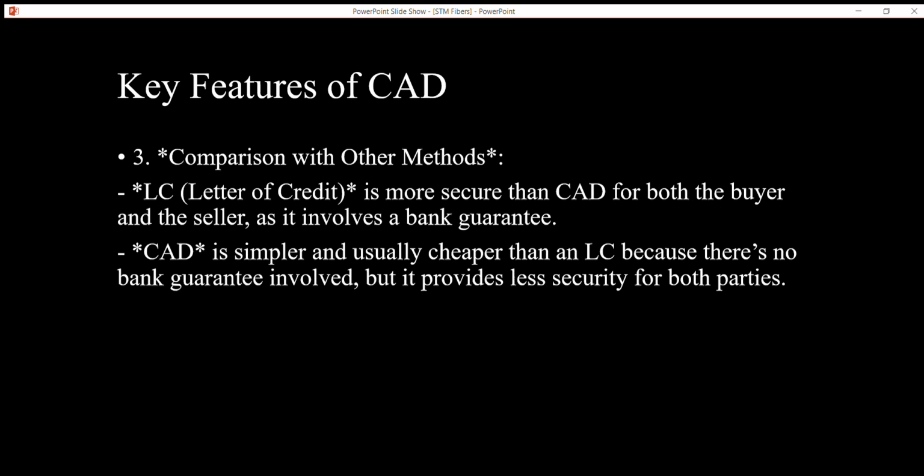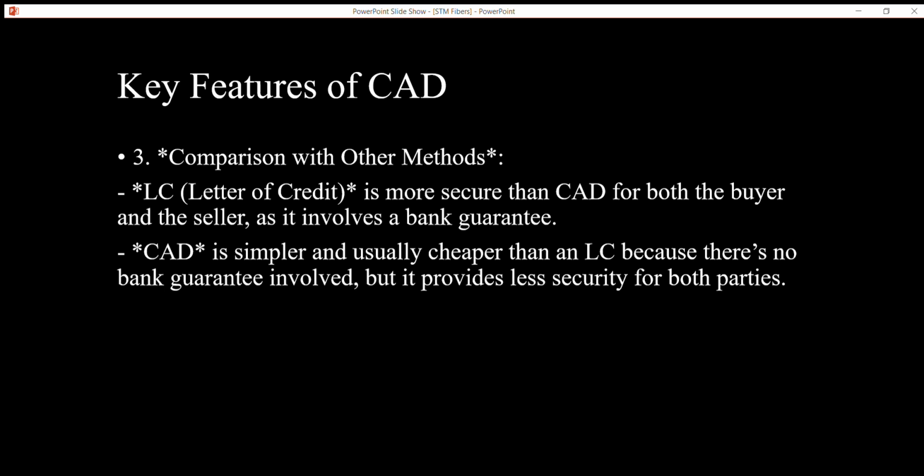The third key feature is comparison with other methods. We can say a letter of credit is more secure than CAD for both buyer and seller as it involves a bank guarantee. LC stands for letter of credit.